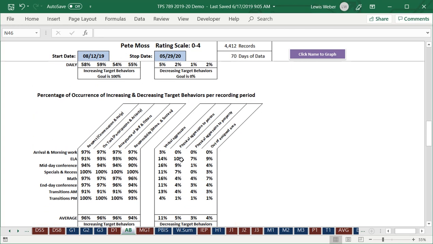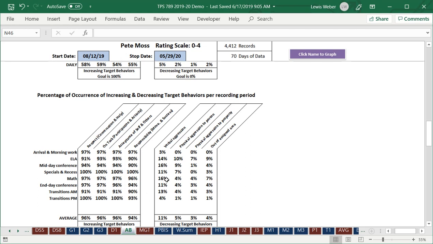And then, as we had noted earlier with the G3, occurrence isn't so important for increasing targets. It's more an issue over here. So 60% of all of the recording blocks for the midday conference had some amount of verbal aggression in it. It doesn't tell us what that level was. It just tells us that it occurred, and that's why we refer to it as occurrence.